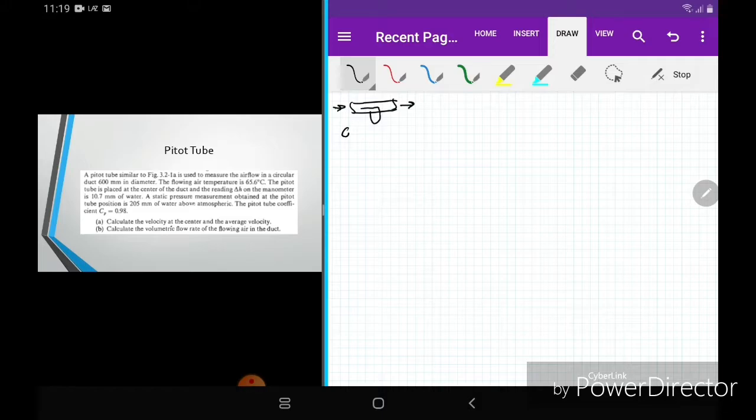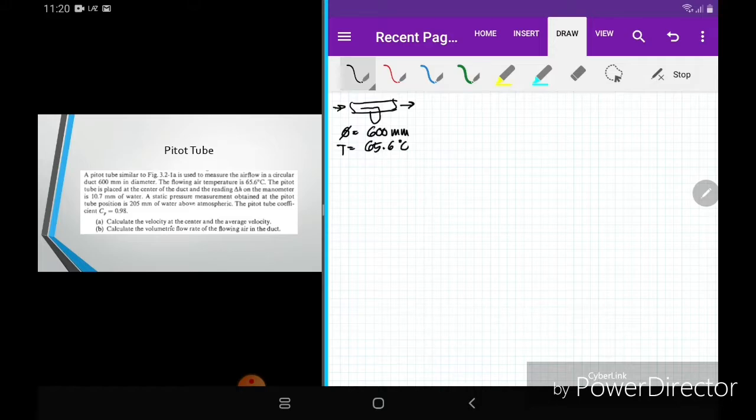Then the diameter of the duct is equivalent to 600 millimeters. The flowing air temperature is around 65.6, so the temperature of the air flowing inside the circular duct is equivalent to 65.6 degrees Celsius.